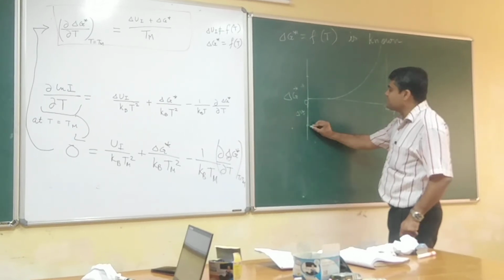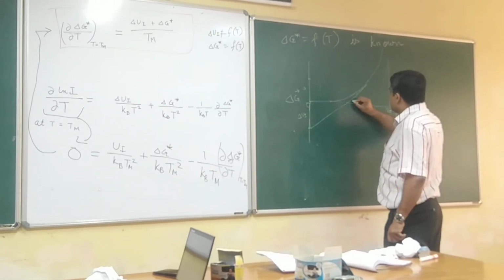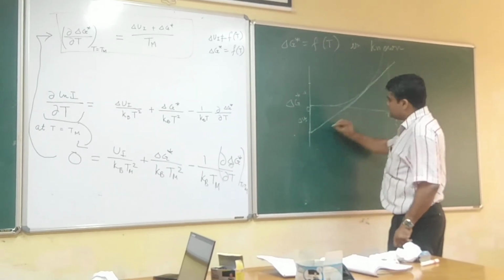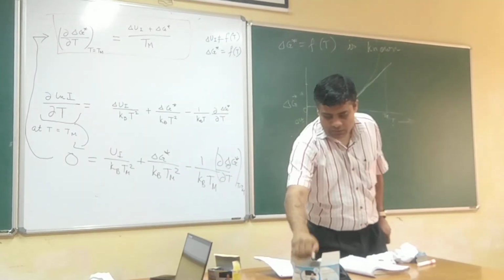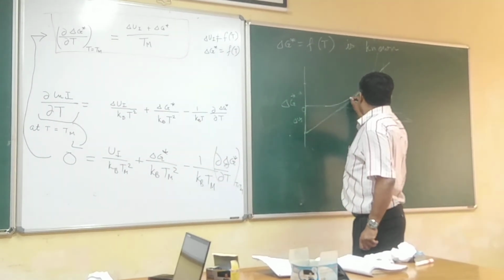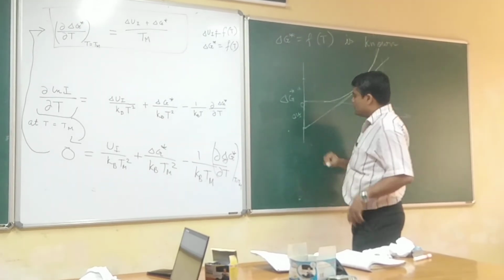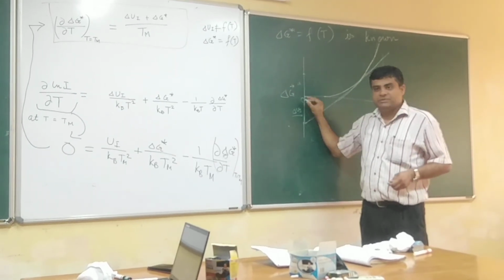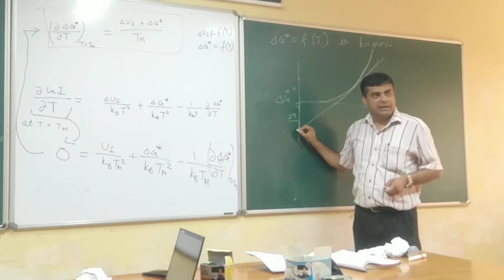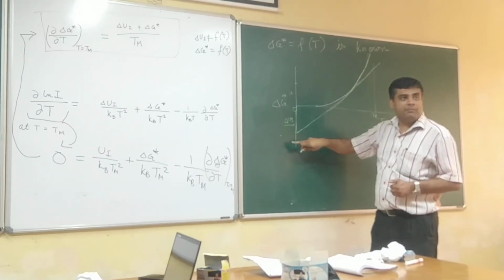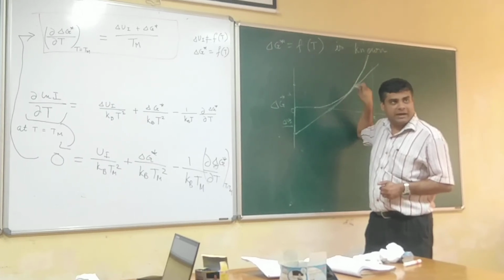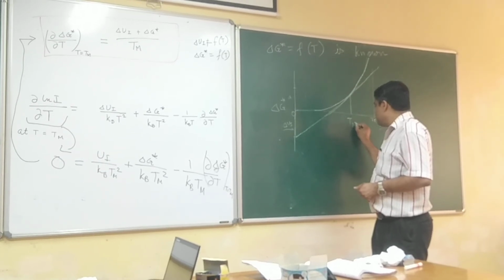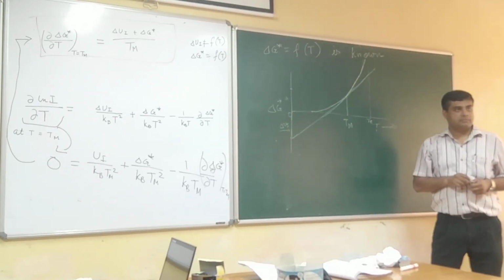From here, you draw a tangent to this curve. Your first step is you mark a point from 0 on the negative side, delta Ui, and you draw a tangent from that point to this curve. Wherever it touches, this point will be your Tm according to that equation.